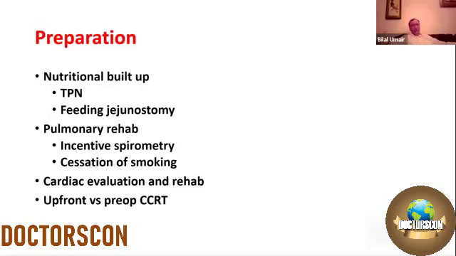And we have come to sort of a protocol that we would only offer CCRT or chemotherapy to those patients who were younger, fit enough, and would be able to tolerate some complications if they do it. But if there is an elderly patient with some comorbidities and a resectable tumor, then we would probably go for an upfront surgery because in our setup, they have not done well after pre or neoadjuvant therapy.